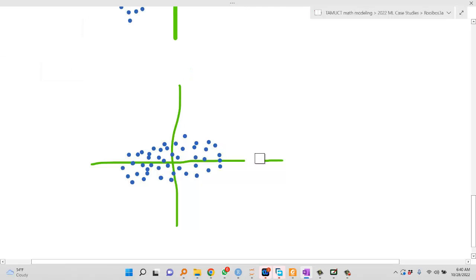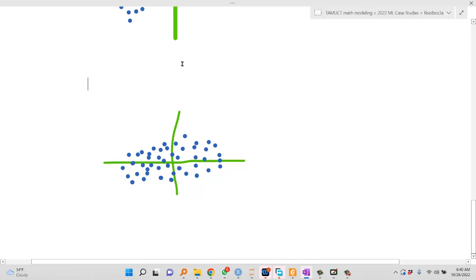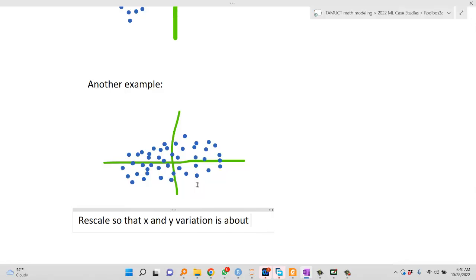So here's another example. Okay, and let me rescale so that the x and y variation is about the same. And look at the degree of diagonality.